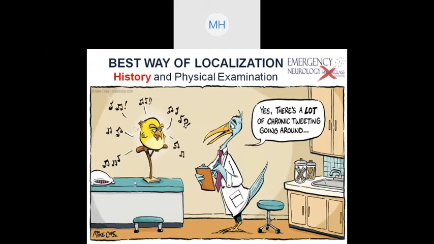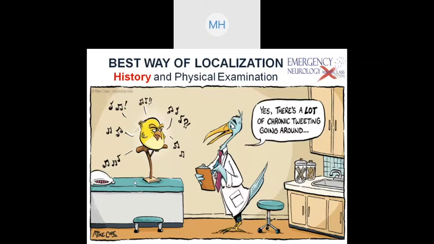When you do a CNS examination, you start with higher mental function, mental status, and then proceed to cerebellum or brainstem lesions, then go down to cranial nerves, motor, spinal cord, and down to muscle.